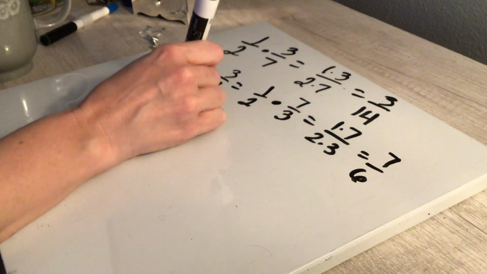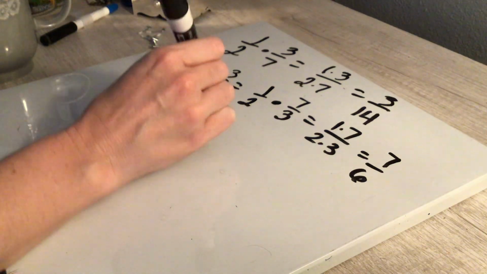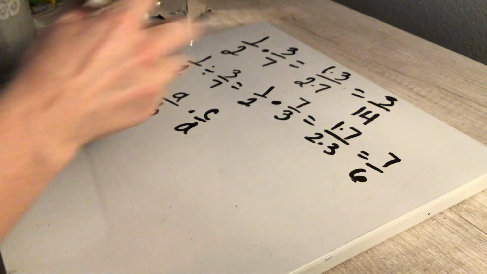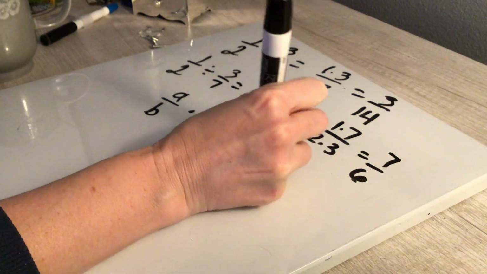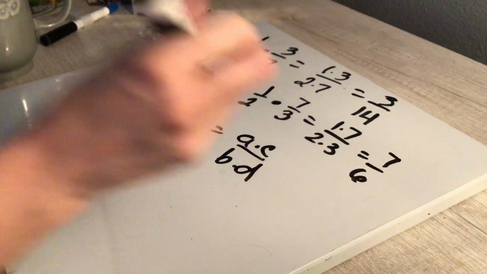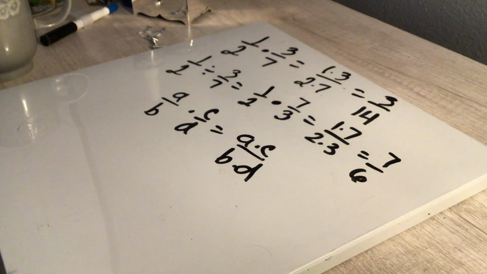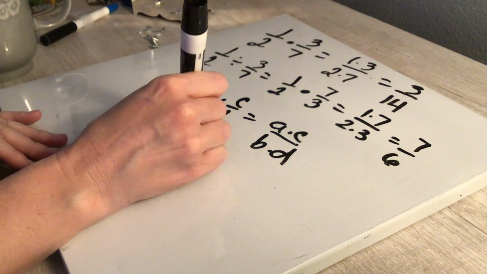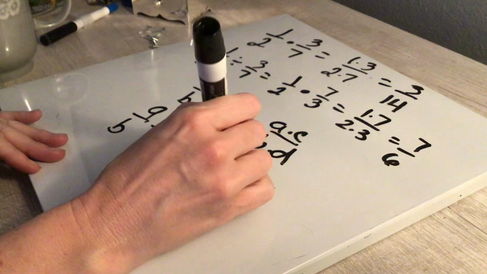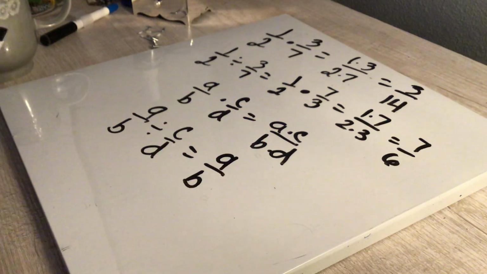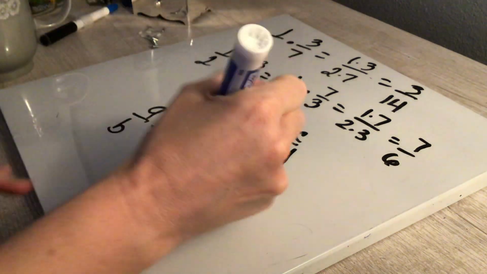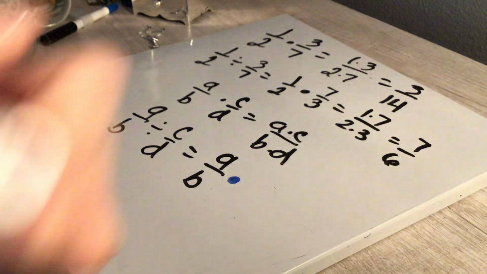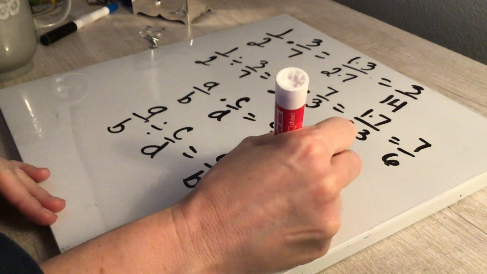So if you are multiplying fractions, a over b times c over d, and they can be rational expressions now, so they can have variables, then we multiply their numerators and multiply their denominators, okay? If you're dividing two fractions, so a over b divided by c over d, then you keep the first, change the operation to multiplication, and take the reciprocal of the second.